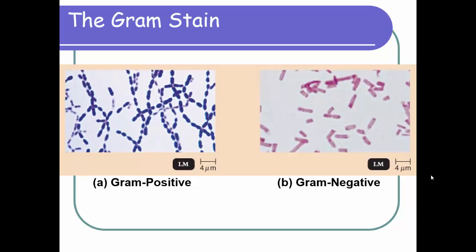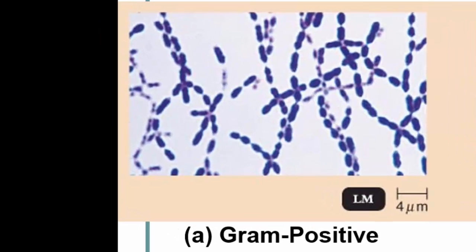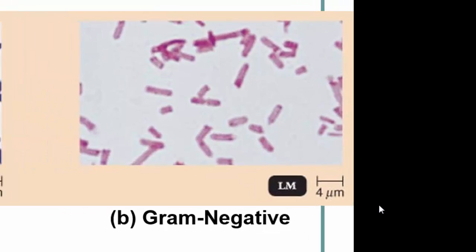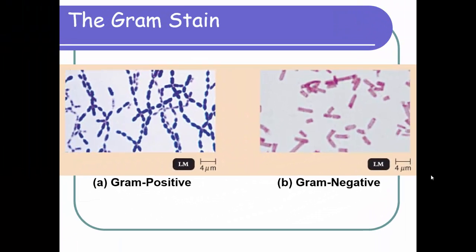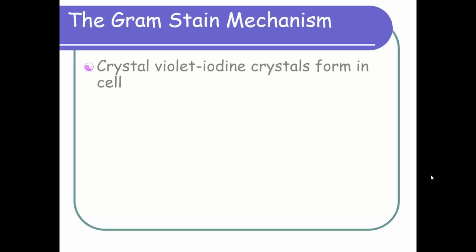Gram-positives will appear purplish after gram staining, whereas the gram-negatives will appear reddish pink. I always think positive, purple, negative, red. How exactly does the gram stain work? The first stain, the primary stain, crystal violet, will combine with the iodine mordant to form crystal violet iodine crystals within the cell.